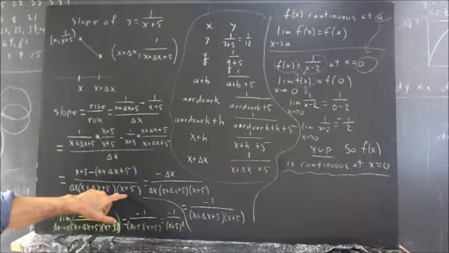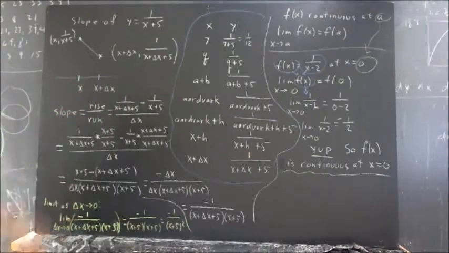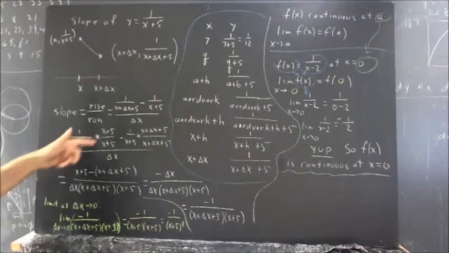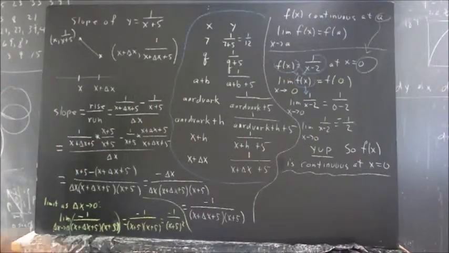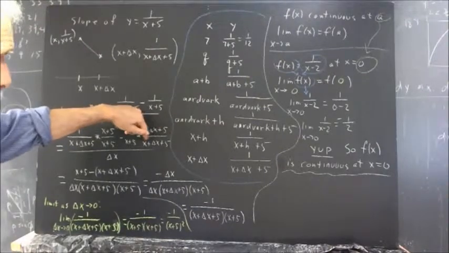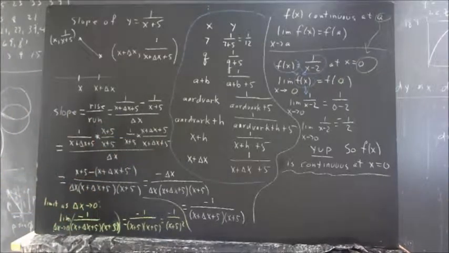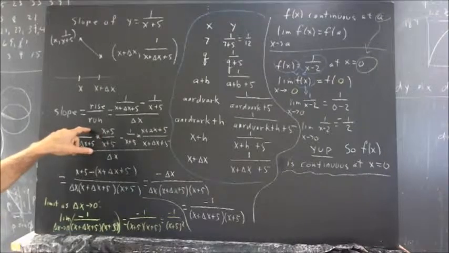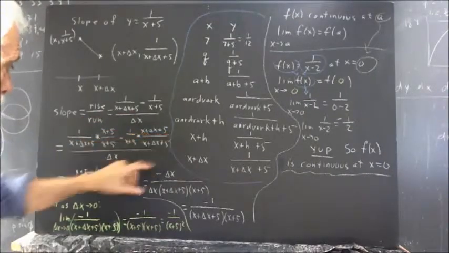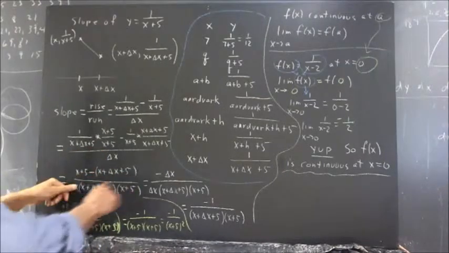If we multiply the fraction 1 over x plus delta x plus 5 by x plus 5 over x plus 5, and the expression with denominator x plus 5 by x plus delta x plus 5 over x plus delta x plus 5, using the standard way of expressing everything with a common denominator, the numerator becomes x plus 5 minus the quantity x plus delta x plus 5, over the common denominator. And if you ignore the delta x, that's exactly what we have here.